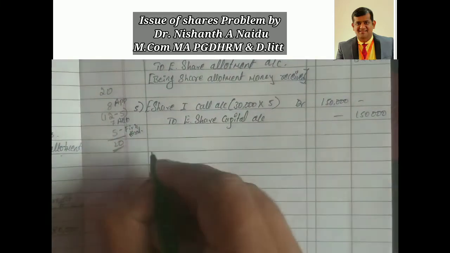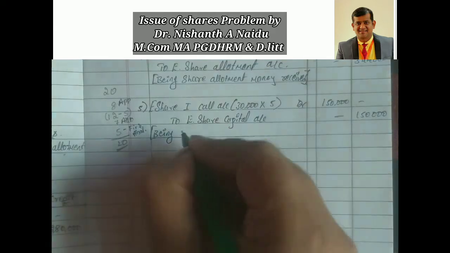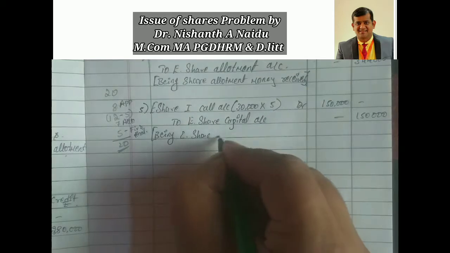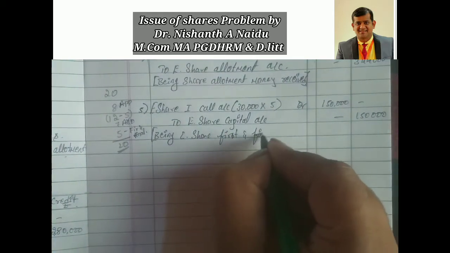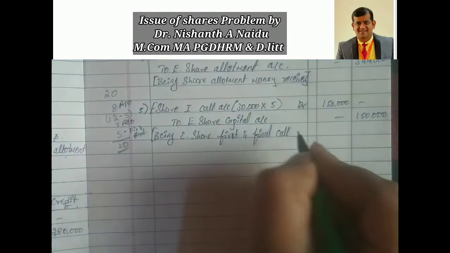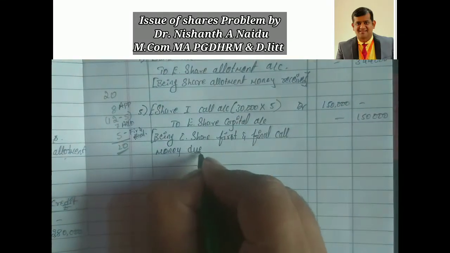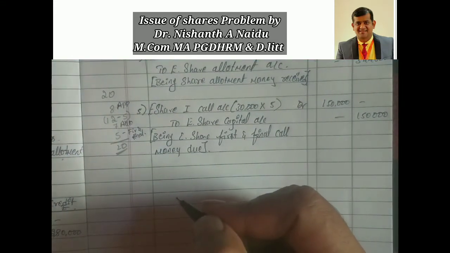Write the narration now: being equity share first and final call money due, because it is a due entry. Okay, money due. So now the receive entry.